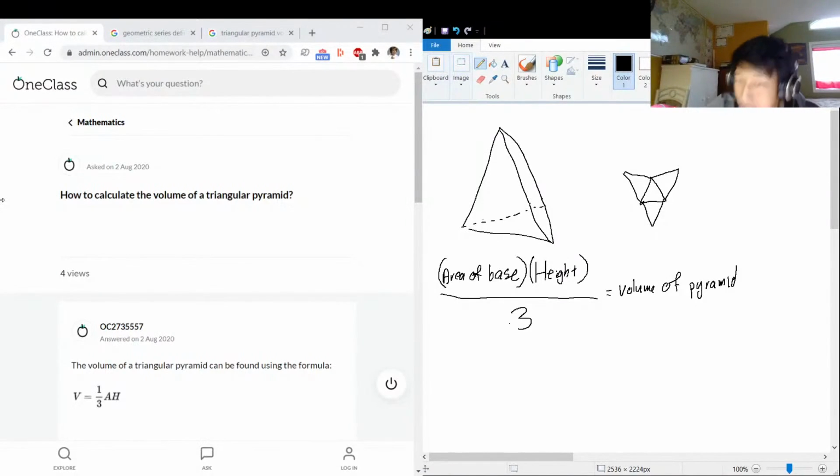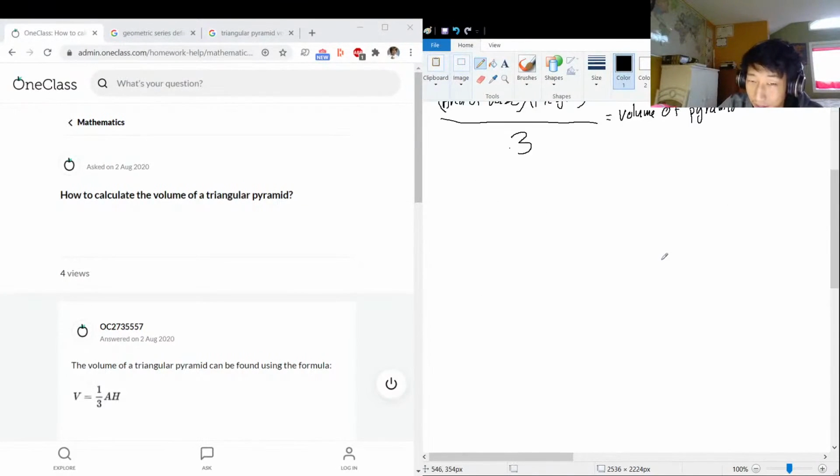I'll draw out all the dimensions on an unfolded view, so we can all be clear on what it all means.